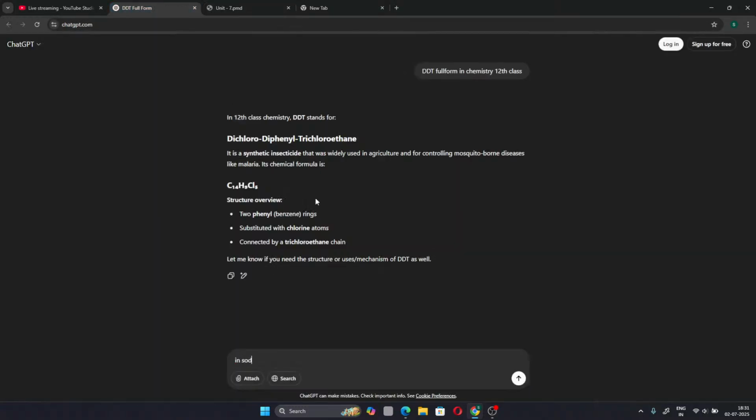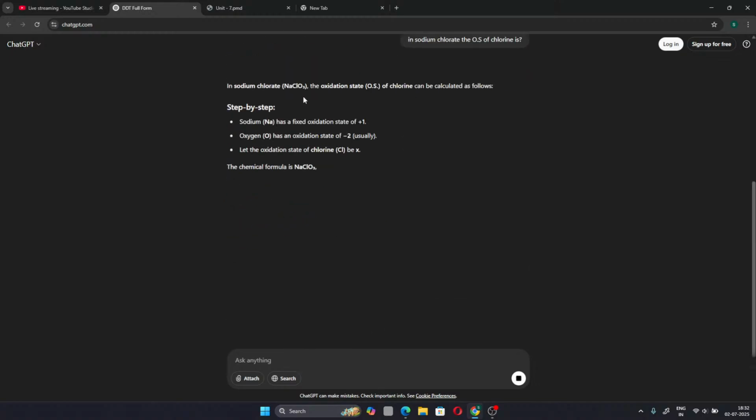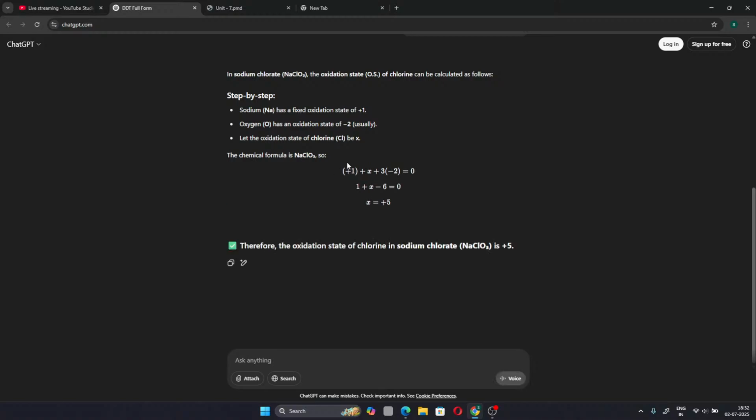In sodium chlorate the oxidation state of chlorine is +5.